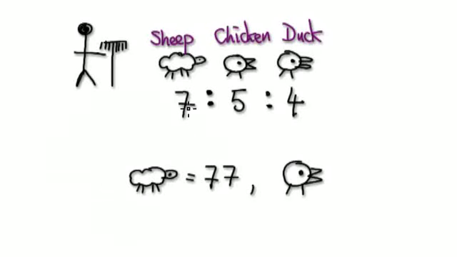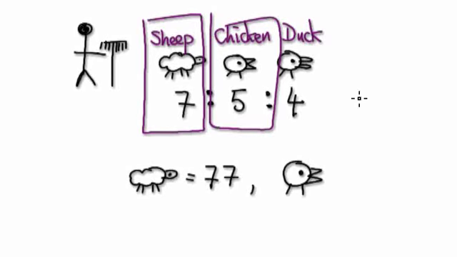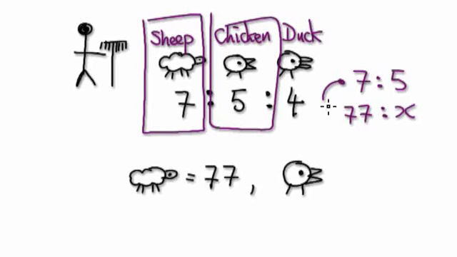Okay, so here, let's extract this. You've got 7, and you want to find out the number of chickens. So the ratio at the moment is 7 to 5. You're given that the number of sheep is 77, and the number of chickens is what you're trying to work out. So you start here.